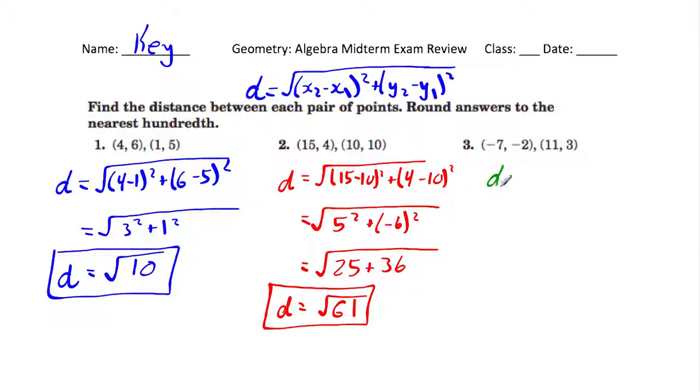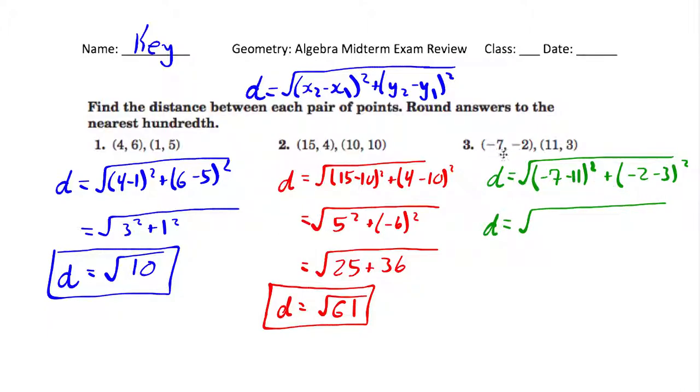And then we have over here, distance is equal to the square root of negative 7 minus 11 squared plus negative 2 minus 3 squared. And so this is going to be equal to square root negative 7 minus 11. It's going to be a negative 18 squared plus negative 5 squared. Negative 2 minus 3 is negative 5. Negative 18 squared is 324.